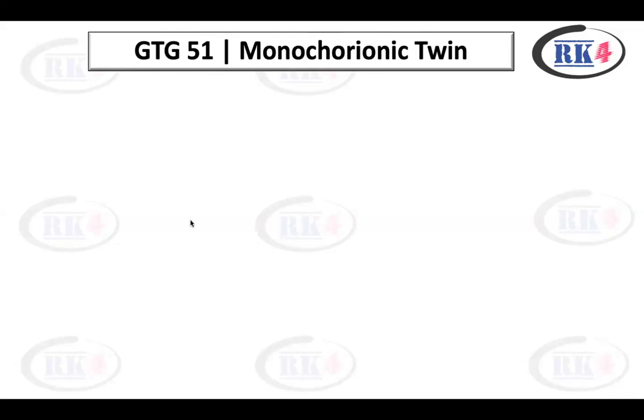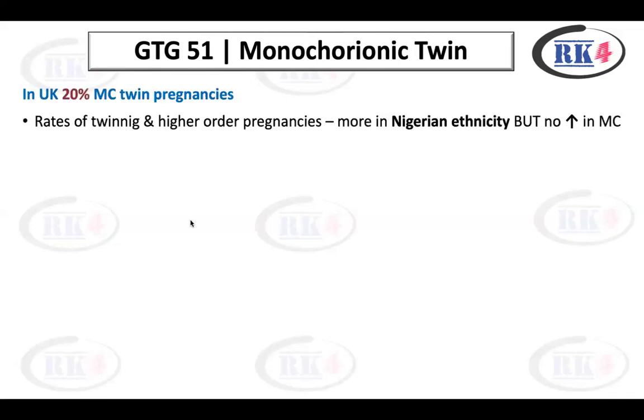And why it is important is that they give you this information so you will understand the importance of a specific topic. That gives you an insight into why there is a Green-top guideline, why there is a TOG article. So the introduction and epidemiology part is very important as far as the MRCOG exam is concerned.